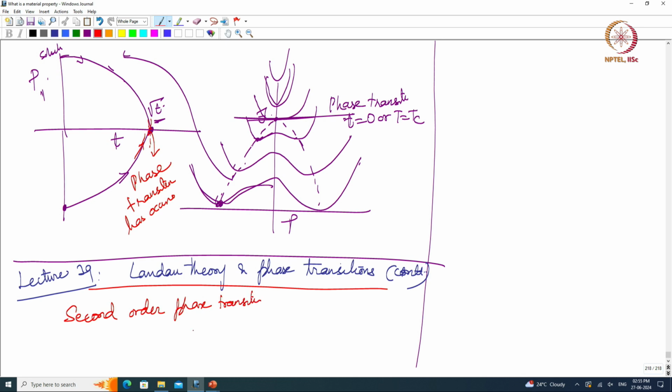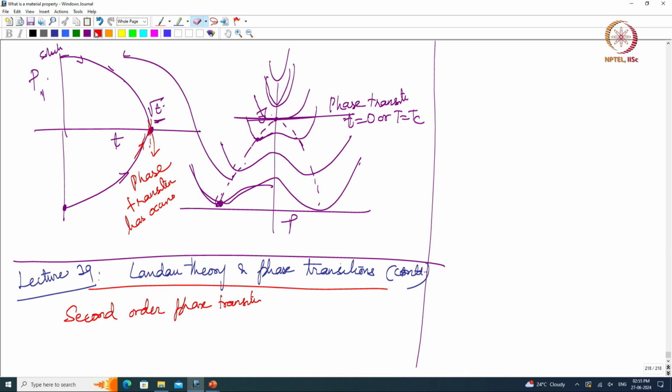In the sense that you always have a dou f by dou p, right, continuously changes, right. So, let me put it this way.